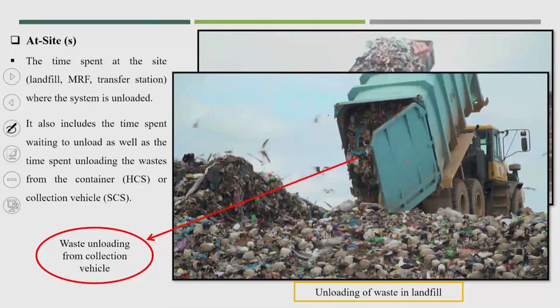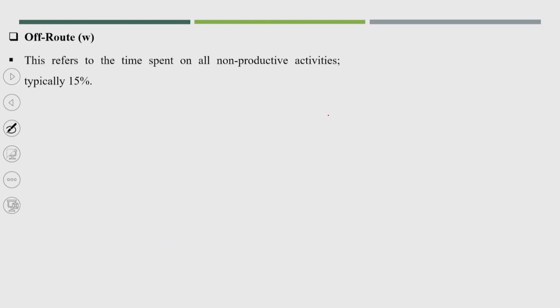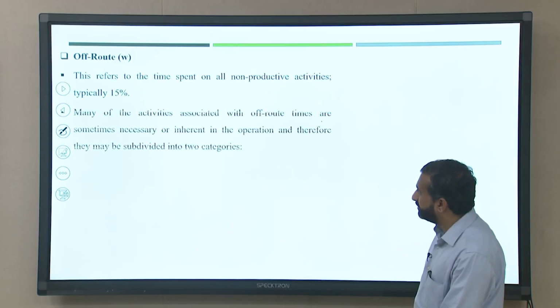So, you see here, waste unloading from the vehicle, where waste is getting unloaded. Now, the next unit operation is off-route time, denoted as W. This refers to the time spent on all non-productive activity, which is typically about 15%.